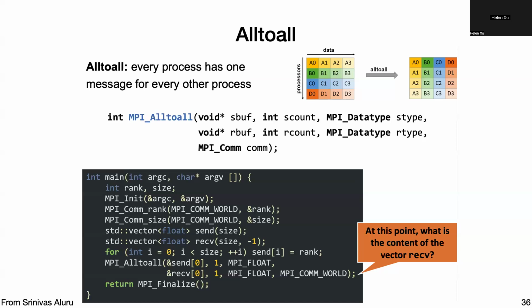Before we call the all-to-all, every process has a vector with the ranks 0 up to p minus 1, initialized by this for loop in the send buffer. Every process is going to send one element from this vector and receive one in the order that they appear.